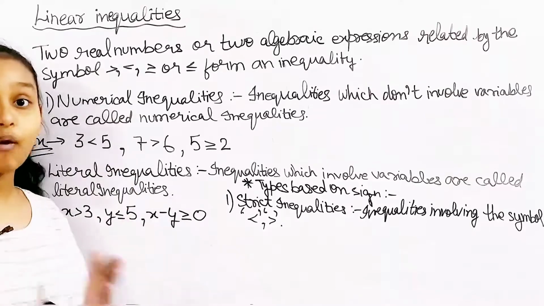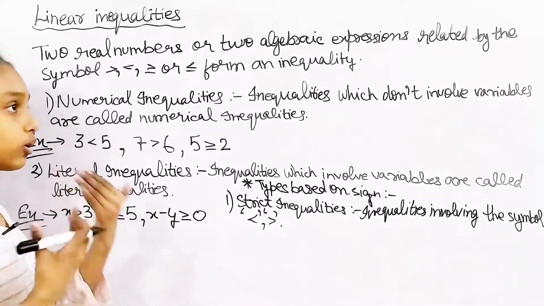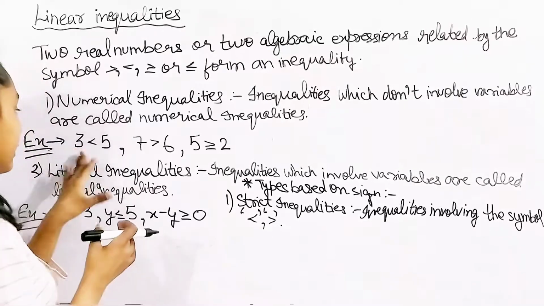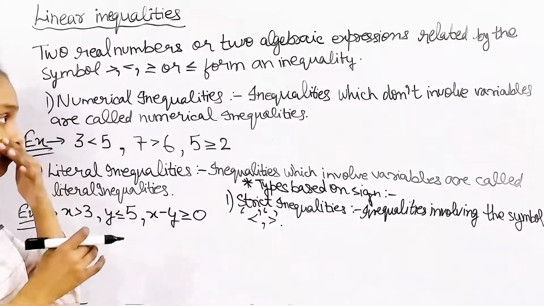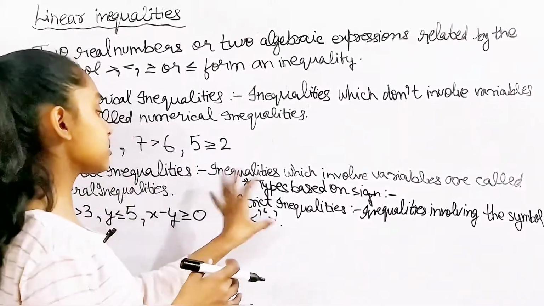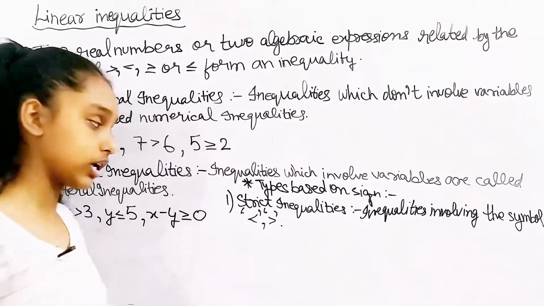It can't be greater than 5. So 3 is not greater than 5. As I've used a strict symbol, I can say that it's a strict inequality.